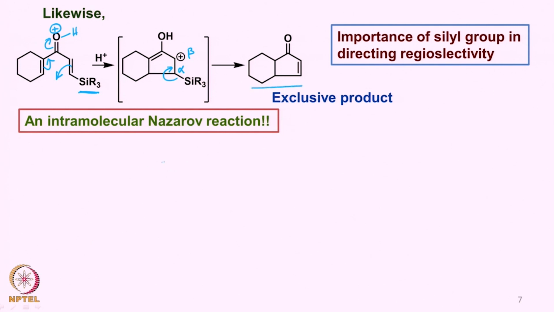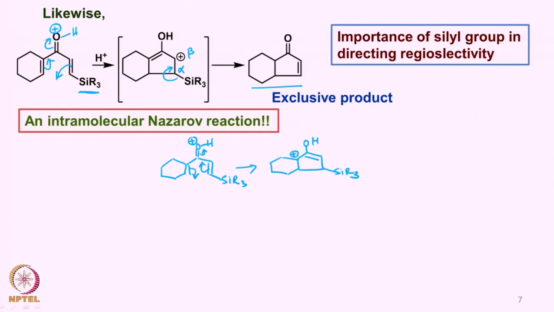What is the other possibility? The other possibility, as we can anticipate but it does not happen, is that once this species is formed, it can undergo cyclization in this fashion, and then what generates is SiR3, and you generate an OH here and a positive charge here.